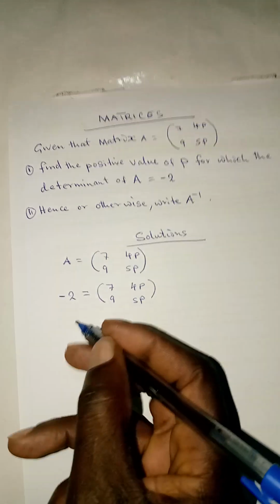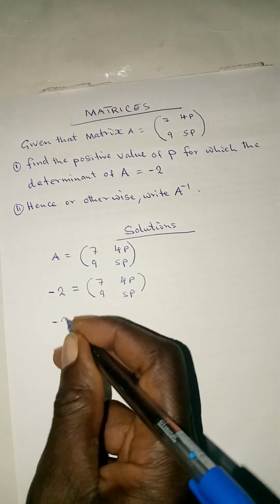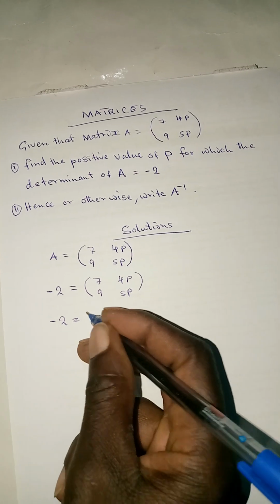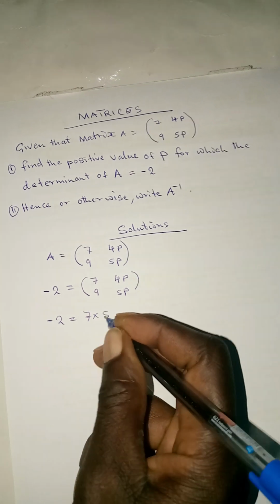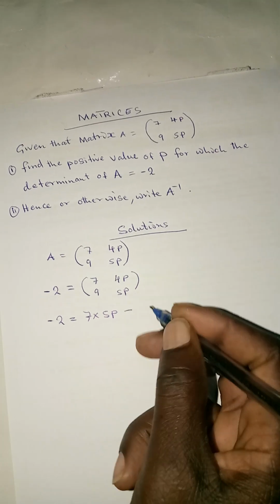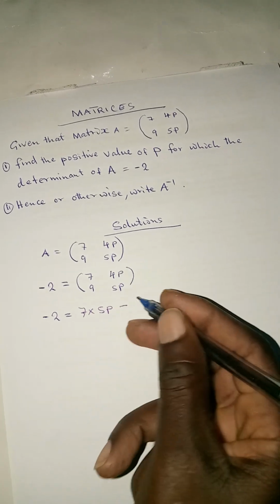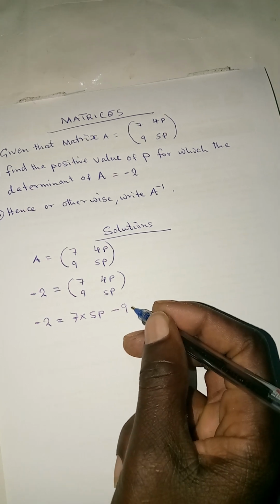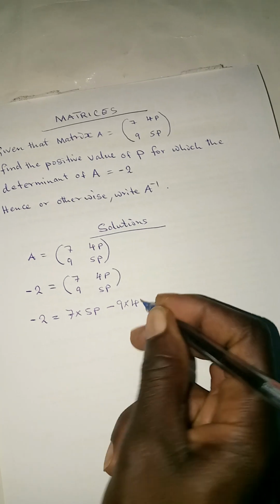So we are supposed to work out this and equate it to the -2 which we have there. We will say -2 is equal to, we multiply 7 and 5P, 7 times 5P, minus 9 and 4P, 9 times 4P.